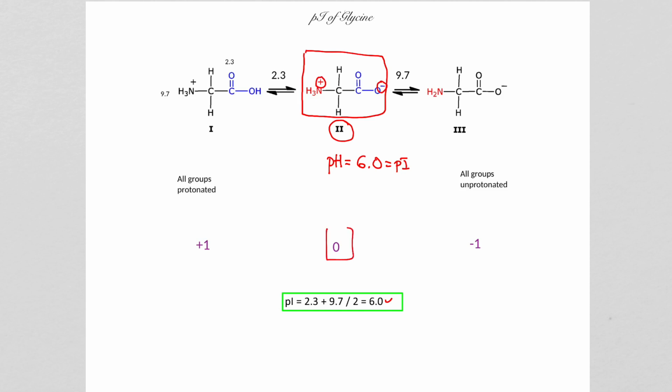So the net charge of glycine is 0. So the isoelectric point is the pH at which the net charge of the molecule is 0.